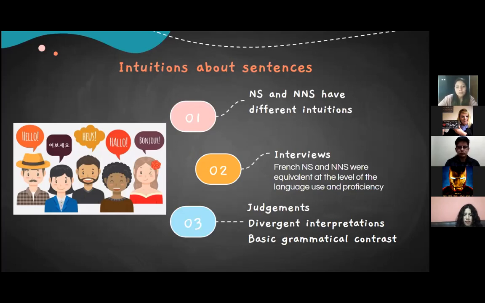The two groups have divergent interpretation, judgment, and basic grammatical contrast. They analyzed the grammatical contrast of the two past tenses in French, imparfait and passé composé, the third person pronouns il and se, and the placement of the adjective before and after the noun. There exists evidence between the language used and underlying grammars.